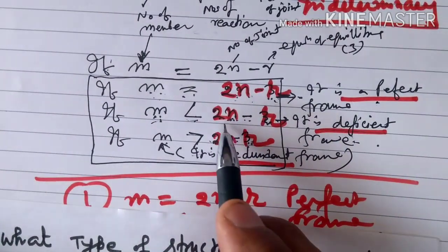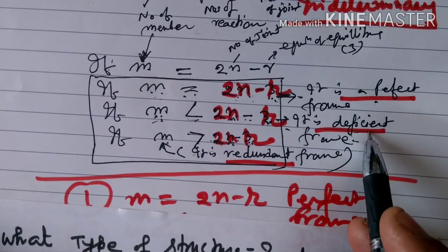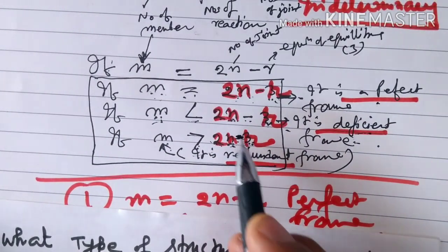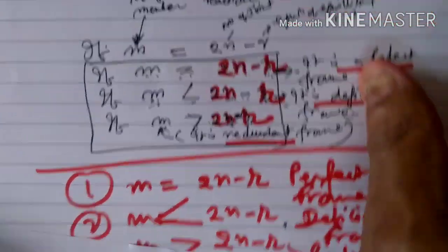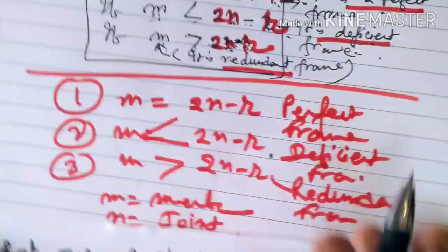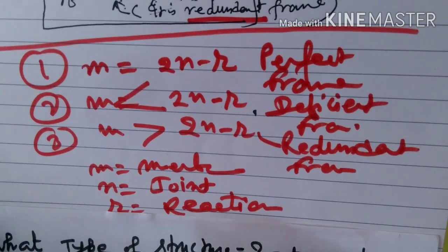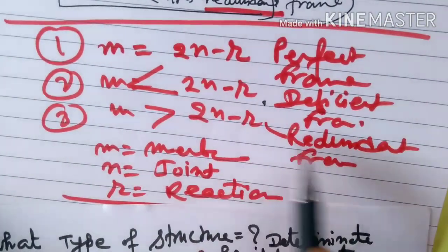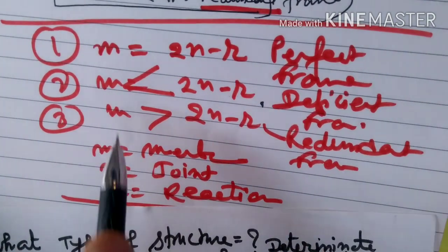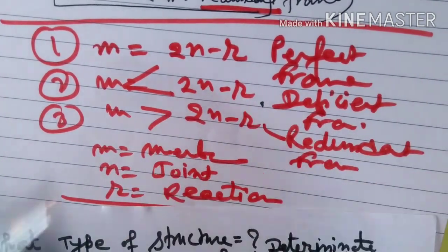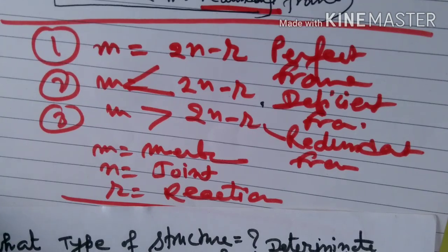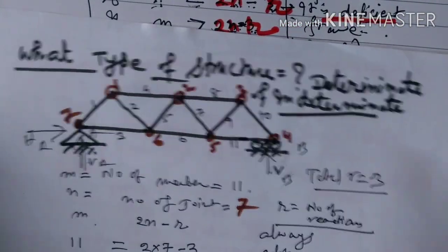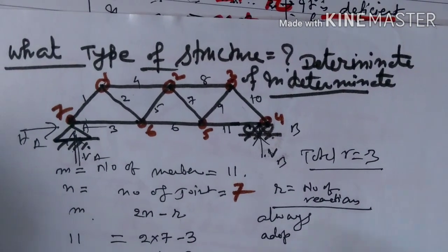M less than 2N minus R, it is a deficient frame, and if M is greater than 2N minus R, then it is a redundant frame. What is M? M is the number of members, N is the number of joints, and R is the reactions. So please remember this, and let us see what happens with these structures.